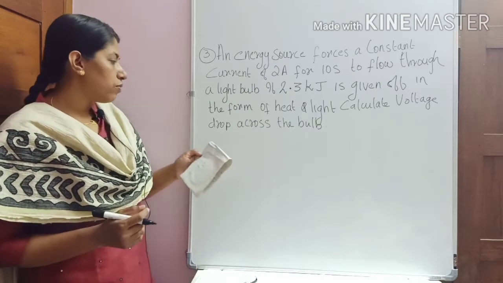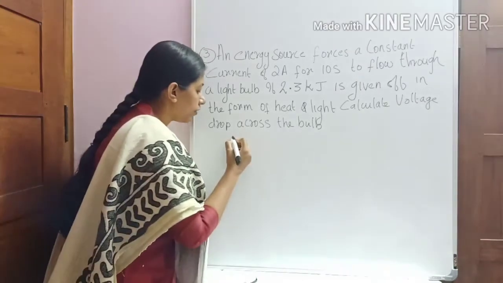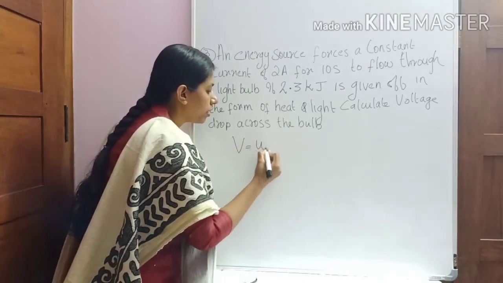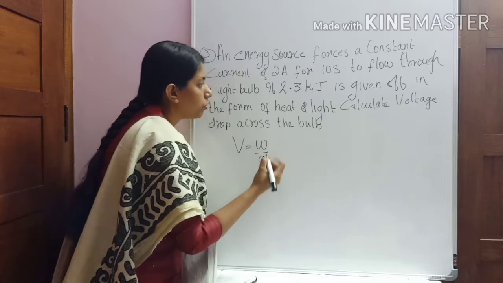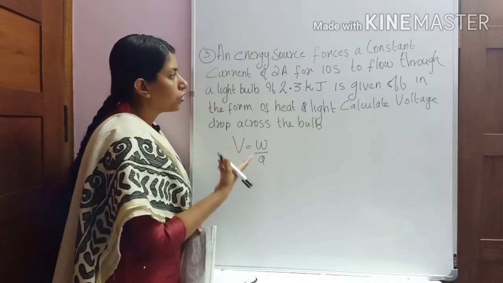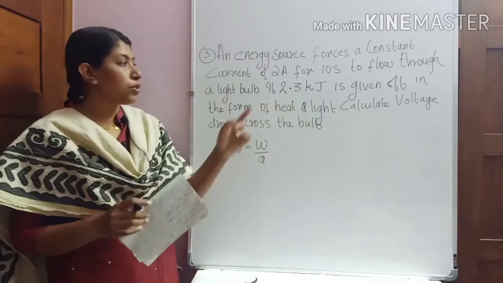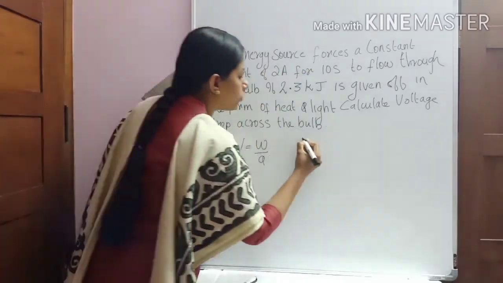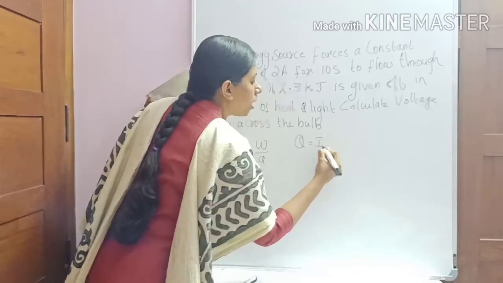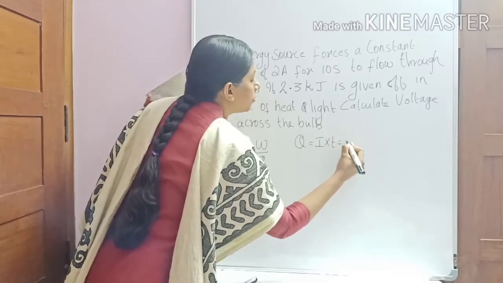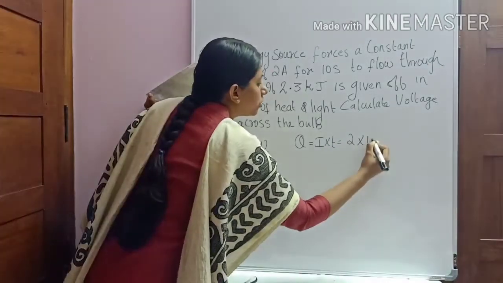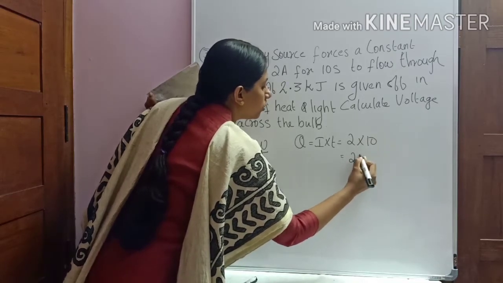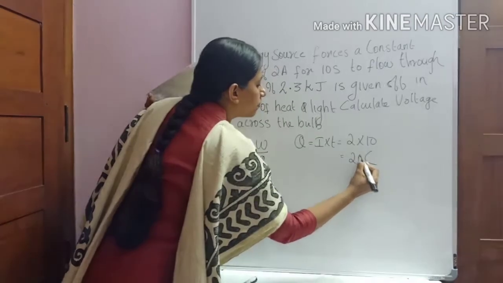From the basic definition, voltage drop is given by the equation W by Q. W is already there but Q is not. Instead of Q, they have given current and time. So Q is equal to I into T, and that will be 2 into 10, which is equal to 20 coulomb.